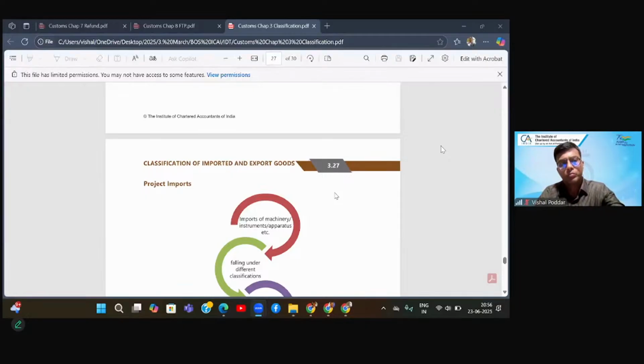Students keep asking which study material is applicable for the relevant examination. I have shared it many times earlier also that the November 2024 edition of the study material is the one that is relevant. But apart from that, you need to know that the statutory update is hosted on the website. In fact, I will share the screen and show you the BOS knowledge portal.